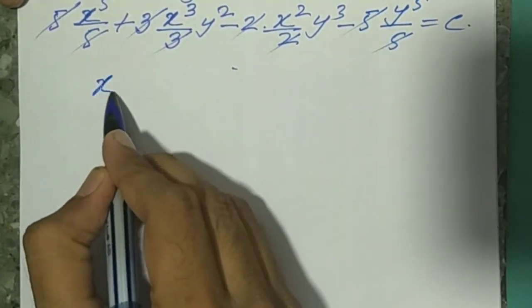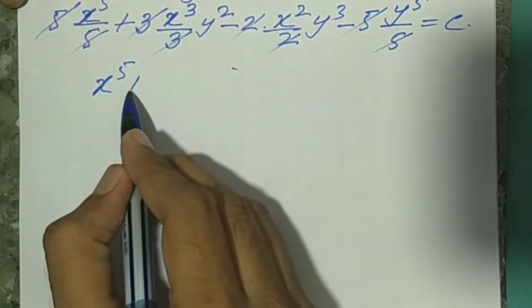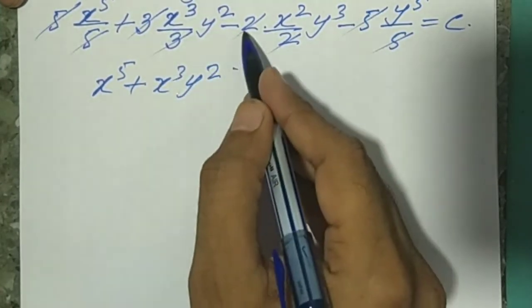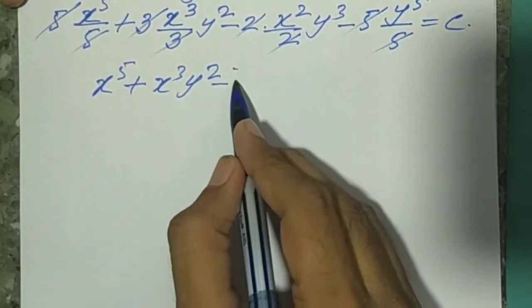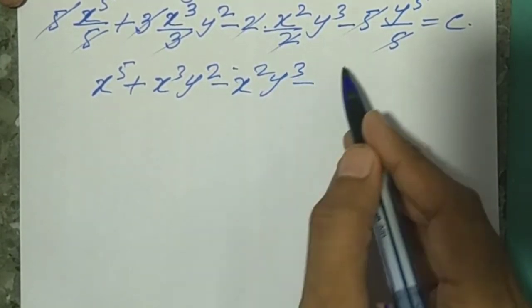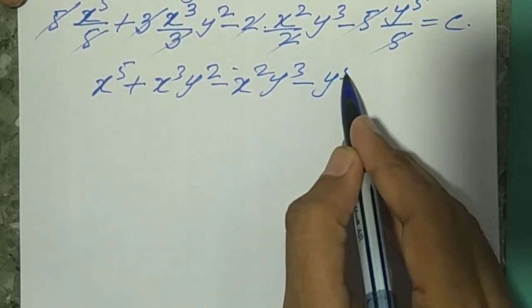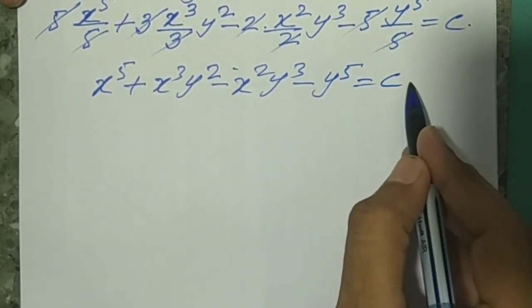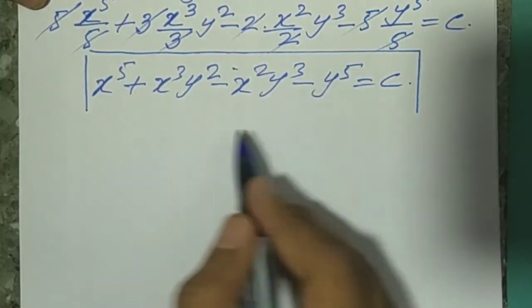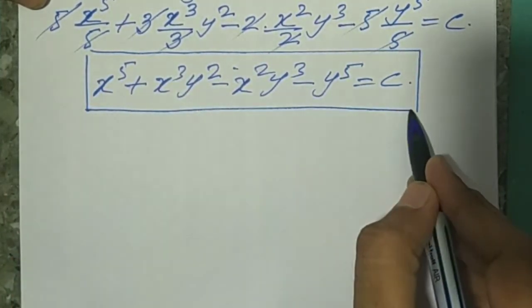So we get x to the power 5 plus x cube y square minus x square y cube minus y raised to the power 5 is equal to c, which is the required solution of the given exact differential equation.